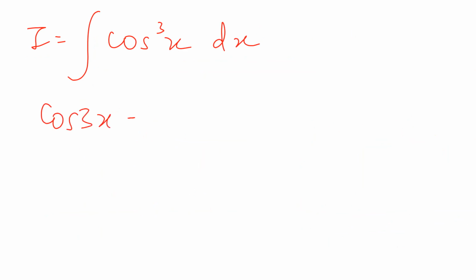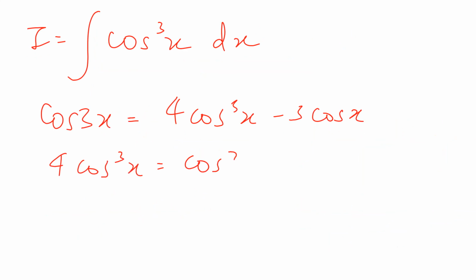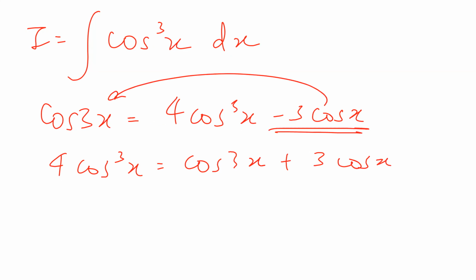So the last problem, integration of cos cube x dx. See, cos 3x is equal to 4 cos cube x minus 3 cos x. Triple angle formula. So what is 4 cos cube x? Cos 3x plus 3 cos x. This will go on the other side, it will become plus.